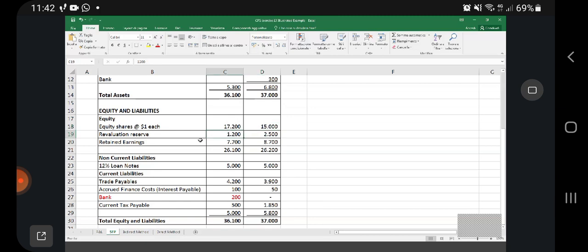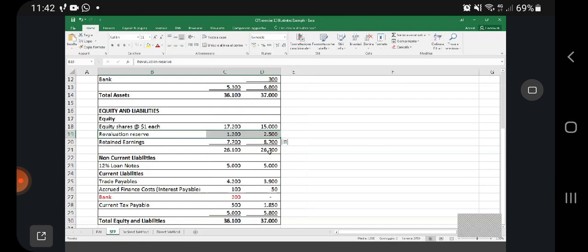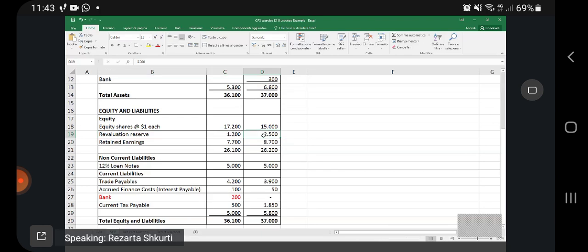Remember, this revaluation reserve is related to the fair value application for the property, plant, and equipment. Okay? That means that if you have a decrease in the revaluation reserve, and actually we have a decrease from 2,500 to 1,200, what is that related with? This decrease in the fair value.